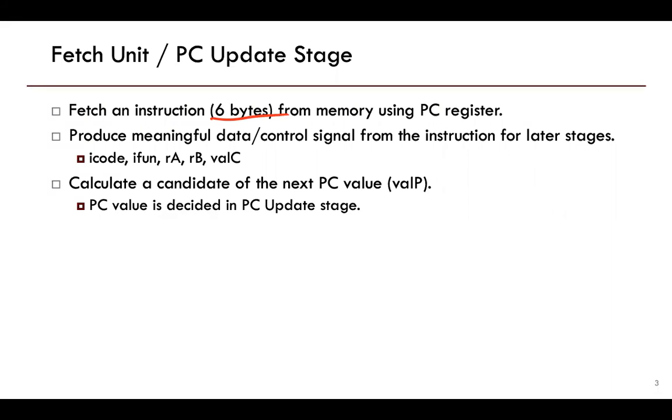To make our implementation simple, we just read 6 bytes and then read the first 4 bits, then we know how many bytes we need. We can just ignore some later bytes if the current instruction has a small size.